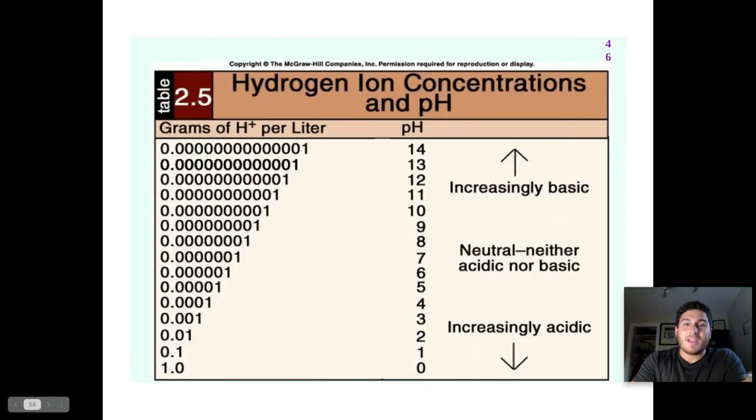The pH scale is based on the number of hydrogens, and increases or decreases by a factor of 10, which is pretty significant. So, for example, if you go from a 7 to an 8 or from a 7 to a 6, you are changing the concentration by a factor of 10.